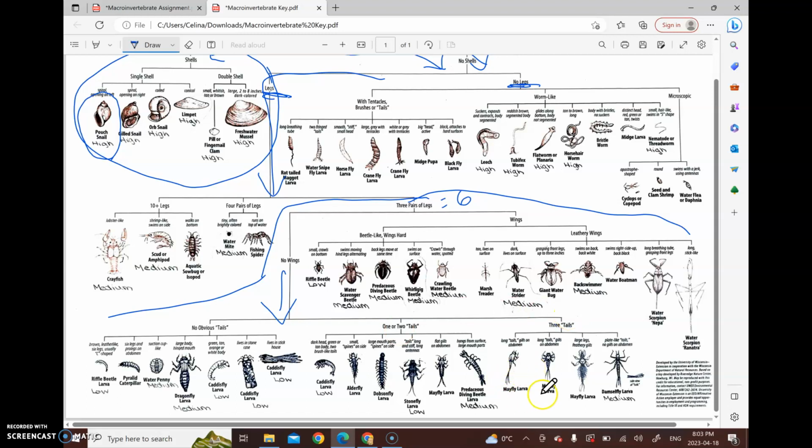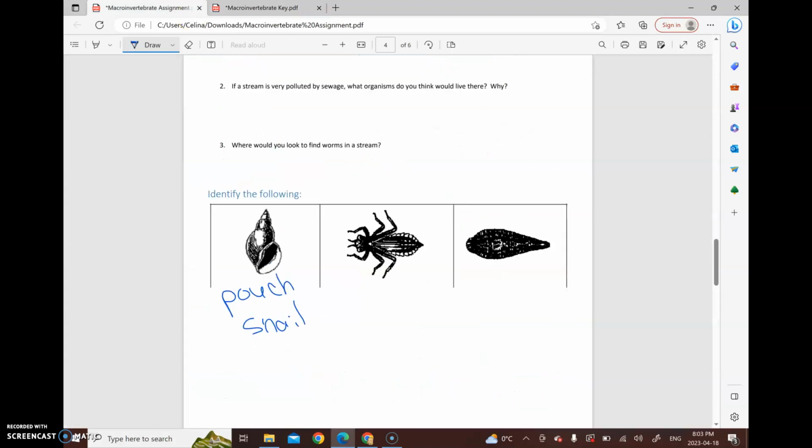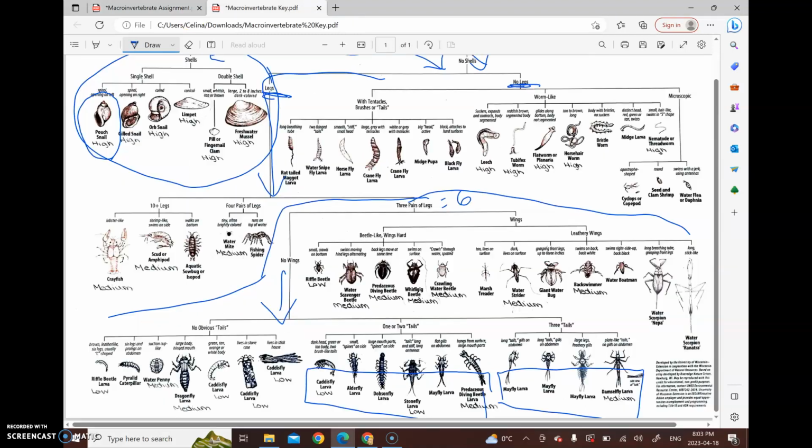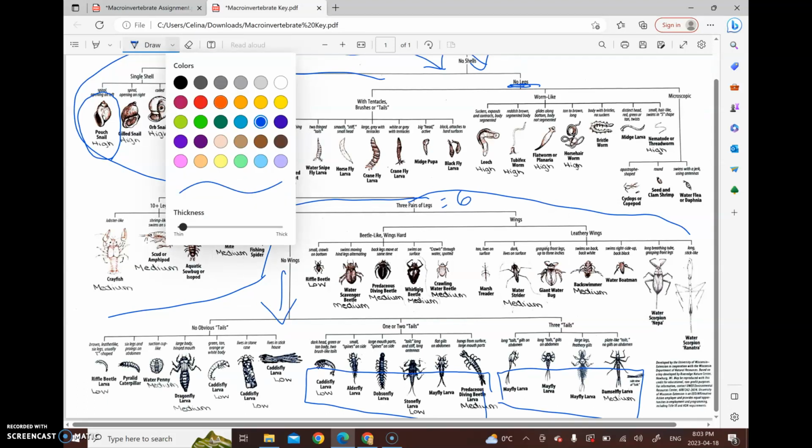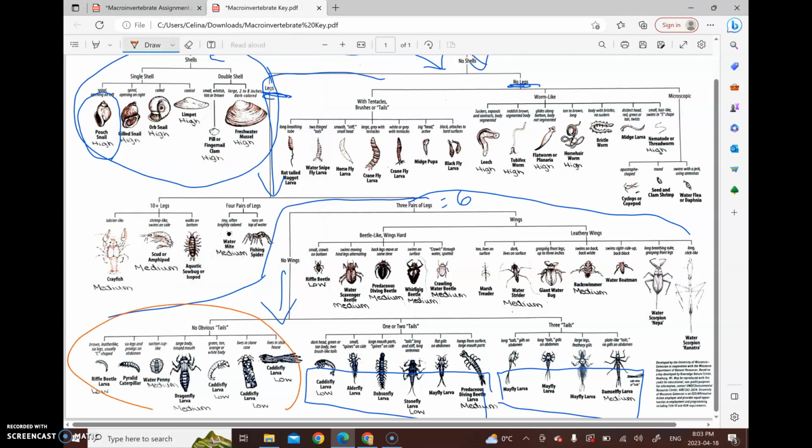So see on these examples, you have 3 tails sticking out at the very back. These ones you have a very obvious 2. These ones, if you can't really see them, they don't have those obvious tails. And this organism doesn't have an obvious tail. So I'm looking at, maybe I'll change my color here, this section.